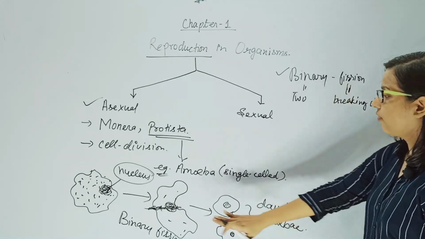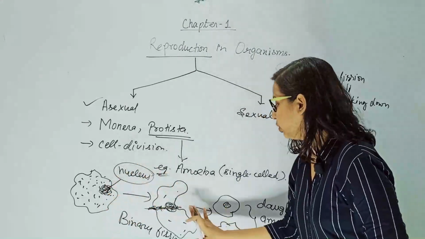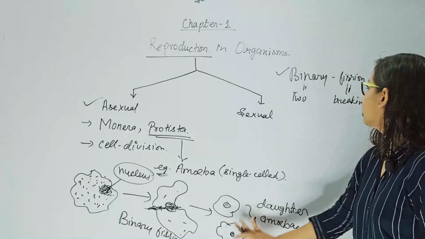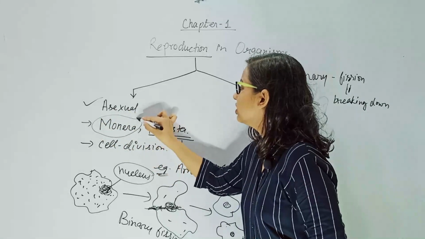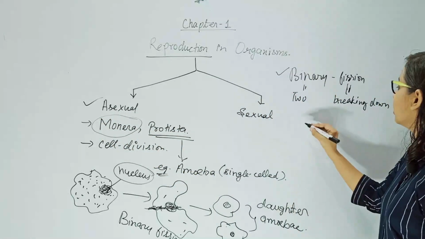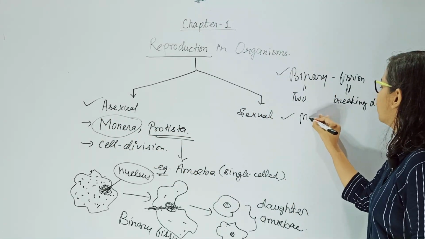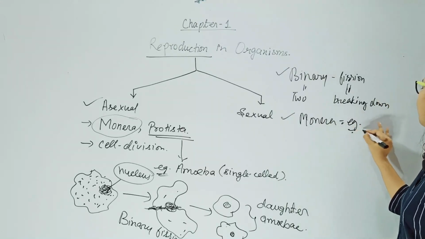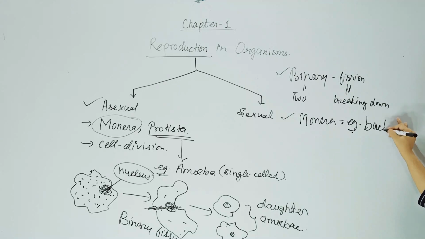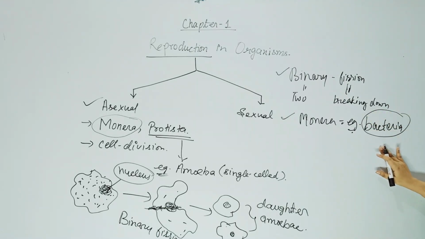So breaking down of one amoeba into two daughter amoebae is termed as binary fission. The same way it happens in case of Monera. Monera is represented by bacteria. Bacteria is again a simple, prokaryotic organism. In the bacteria, again the same binary fission happens.